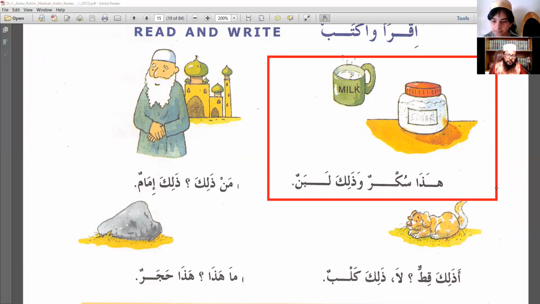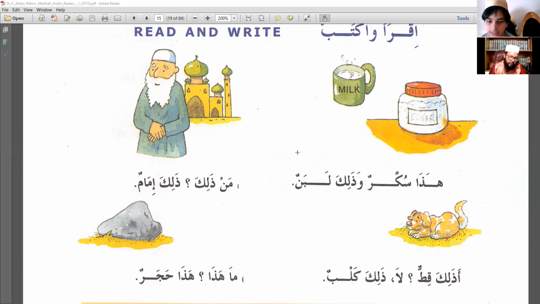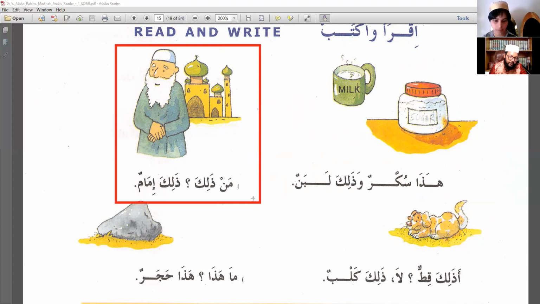هذا سكر وذلك لبن. This is sugar and that is milk. Very good. And now, what is this? من ذلك؟ Who is this? ذلك إمام. This is an imam. Very good. MashaAllah.